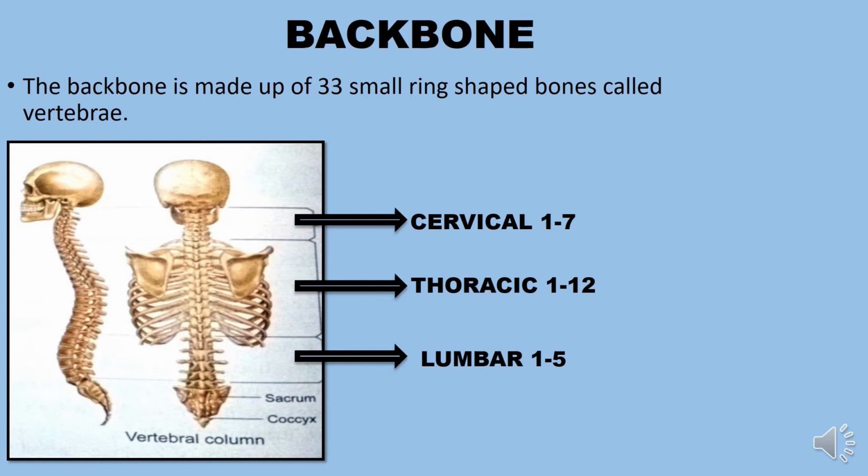Out of the 33 vertebrae, the first 7, the upper 7, are cervical. What are these bones called? Cervical. The first 7 are present in our neck region. So, how many bones are present in our neck region? 7 small ring-shaped bones are present in our neck region.